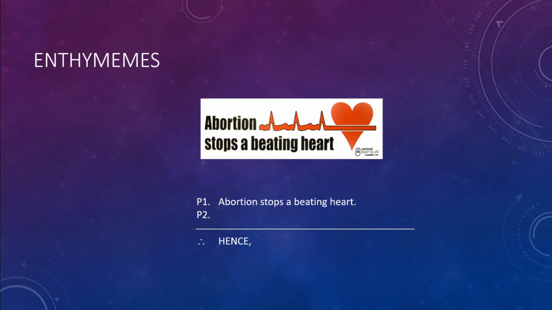Well, let's start with what you think the conclusion probably is. Probably it's something along the following lines. Abortion is wrong. Abortion stops a beating heart, therefore abortion is wrong. Well, what's going to connect the given premise to the given conclusion? Probably something along the following: stopping a beating heart is wrong.